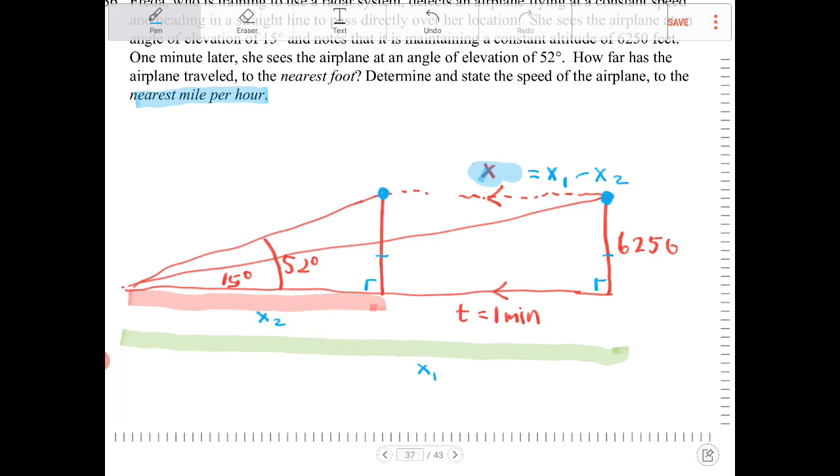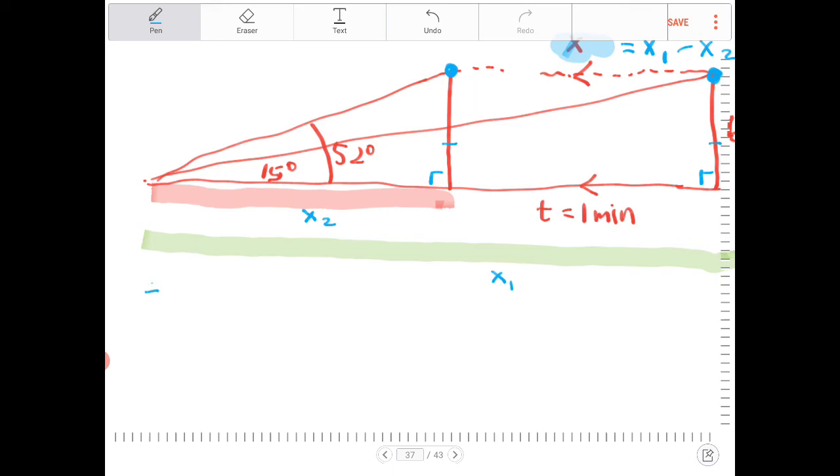So let's find x1 first. Notice that the 6,250 is opposite the 15 degrees, and x1 is adjacent to the 15 degrees. Those two sides form a tangent ratio. So tangent of 15 degrees is equal to 6,250 over x1.